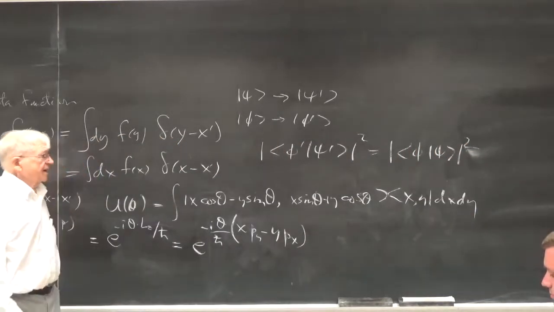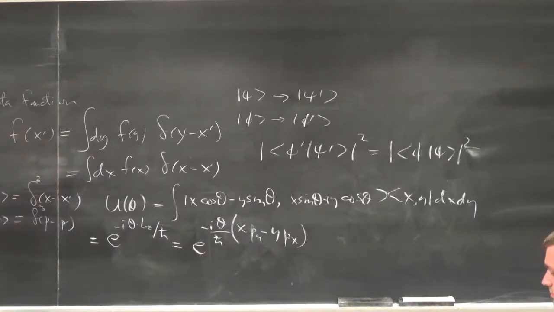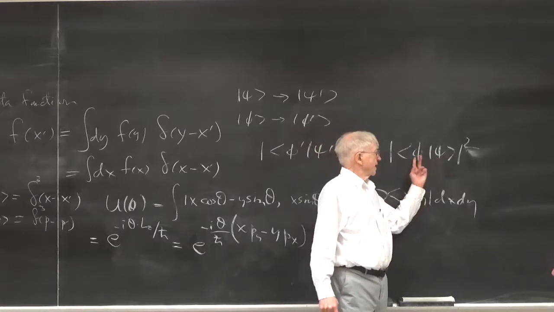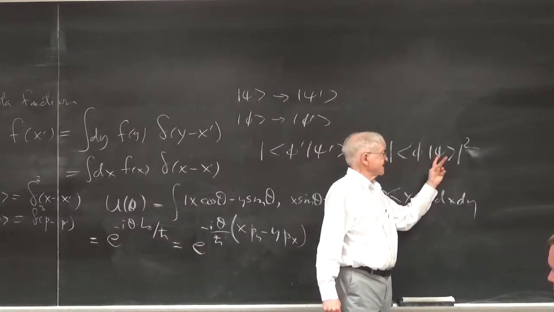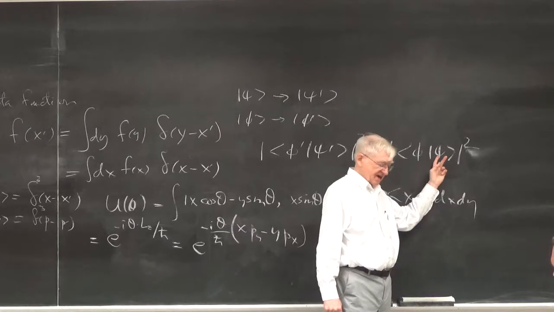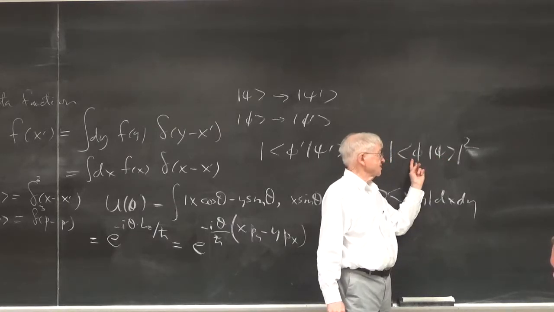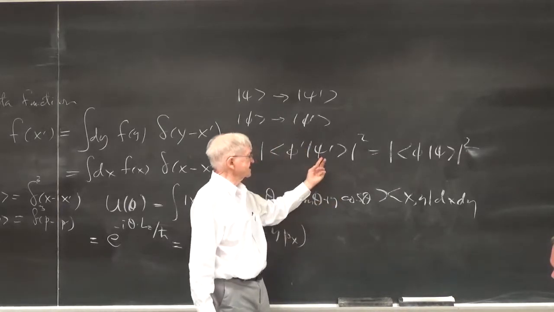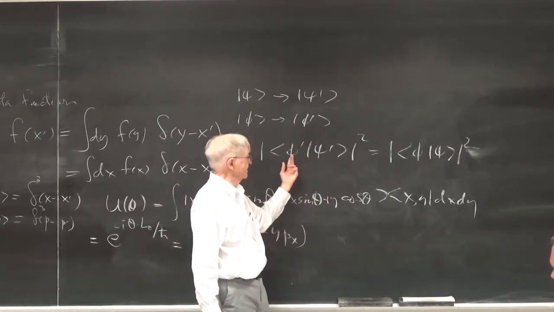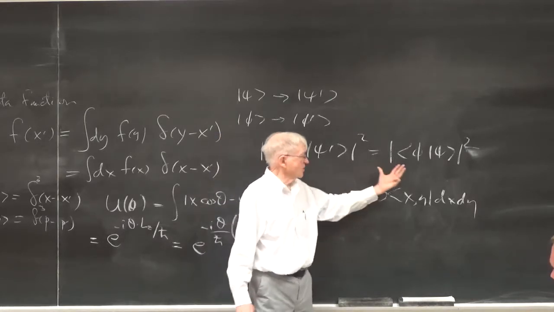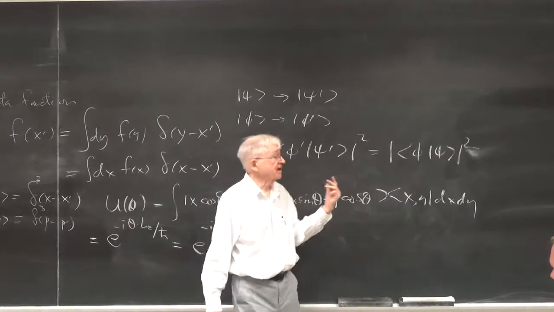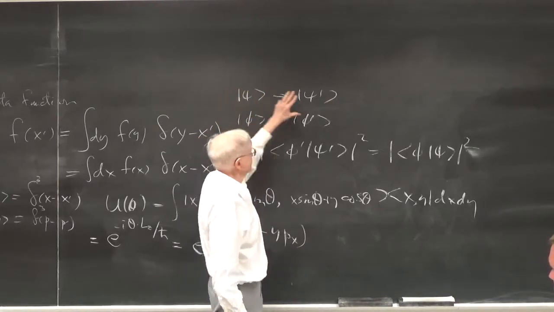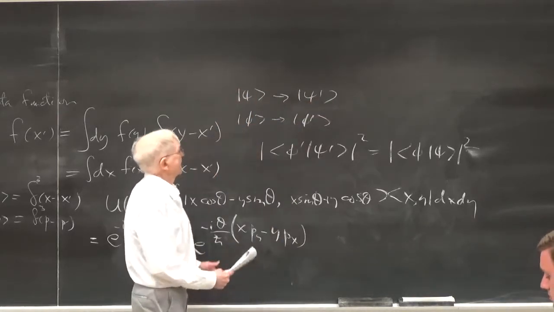So in other words, the probability that a system known to be in the state psi is found also to be in phi, or a system in the state psi prime is found to be in the state phi prime, these two probabilities are equal. That's a symmetry. The symmetry is the map that takes you from one set of states to another set of states.